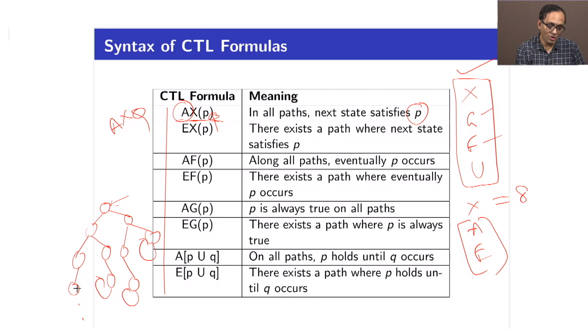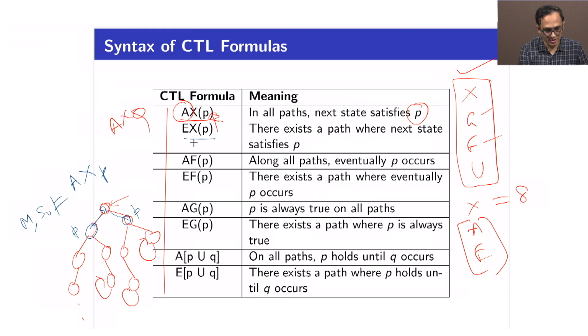So, all paths will start from this and either go through this edge or this edge. Now I am saying that in all paths, in the next state P must hold. So, if P holds here and P holds here, then I will say that this particular model, this is S0, S0 satisfies AXP, because in all next states P holds.